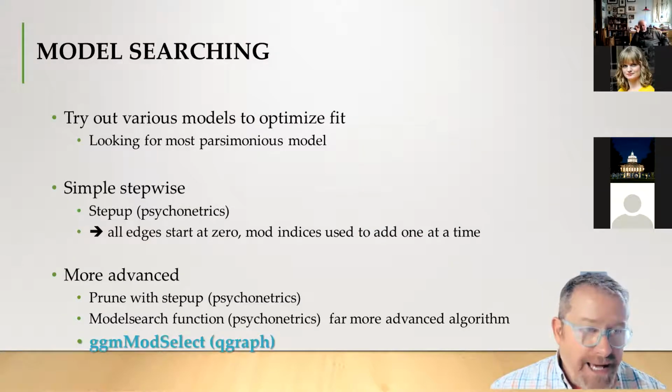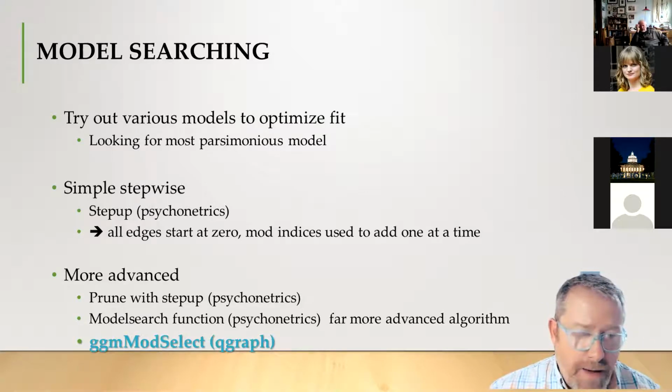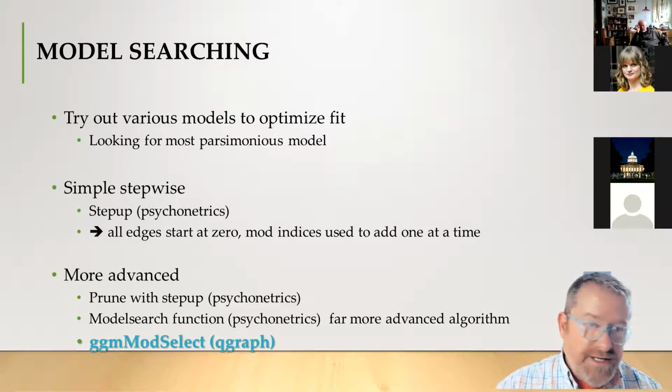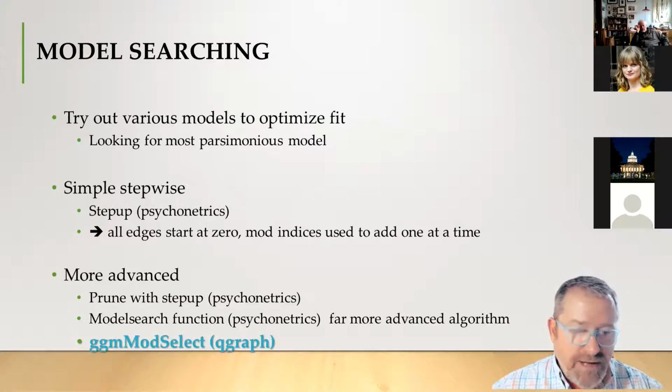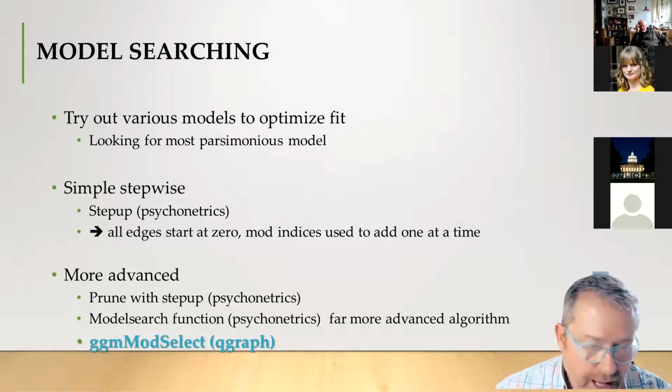If you have a big data set, the other alternative is model searching. So it's trying out various models to optimize fit. The simplest is to set all edges to 0 and then use modification indices to see which edges will account for the greatest addition of covariance, and slowly add edges in until you reach a threshold.